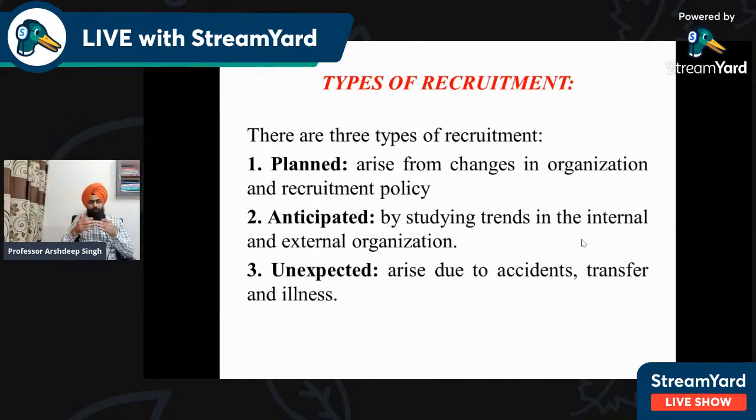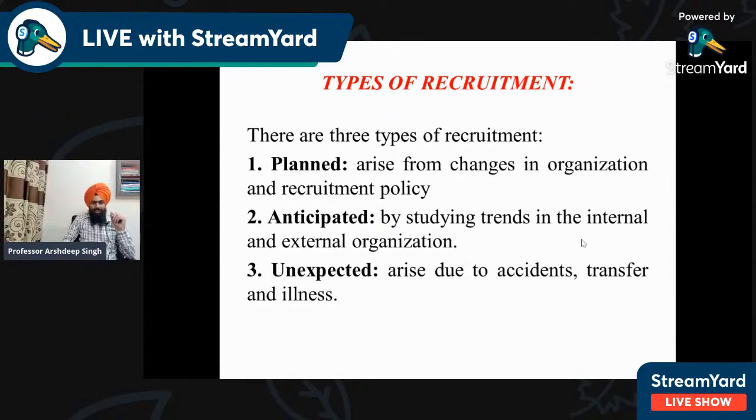If we are launching new things, or increasing the capacity, or the burden on the organization is going to increase, everything is planned: the organization now wants to achieve higher goals, and if they want to achieve higher goals, they will require more people or manpower. Okay, so that is the first type, which arises from the changes in an organization and recruitment policy. Okay, so that is planned.